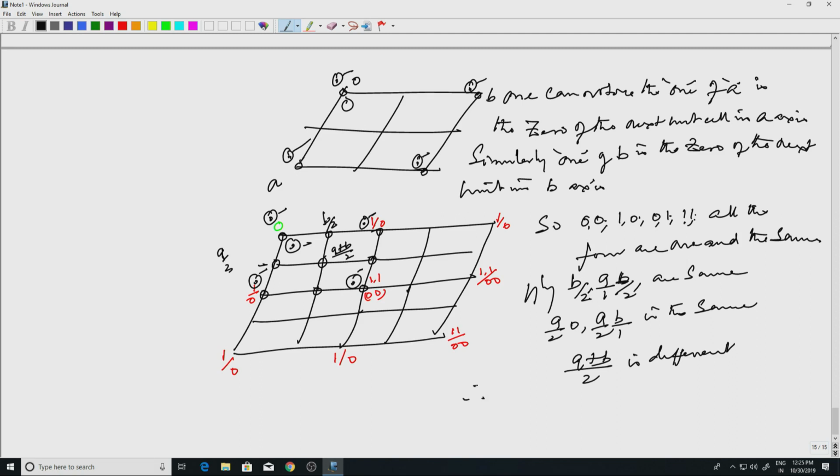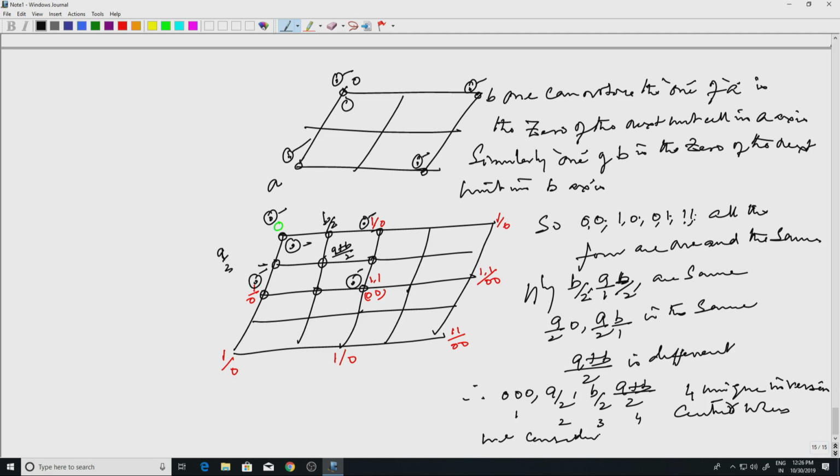Therefore 0 0 0, a by 2 b by 2, a plus b by 2, 1 2 3 4, 4 unique inversion centers when we consider C as 0.